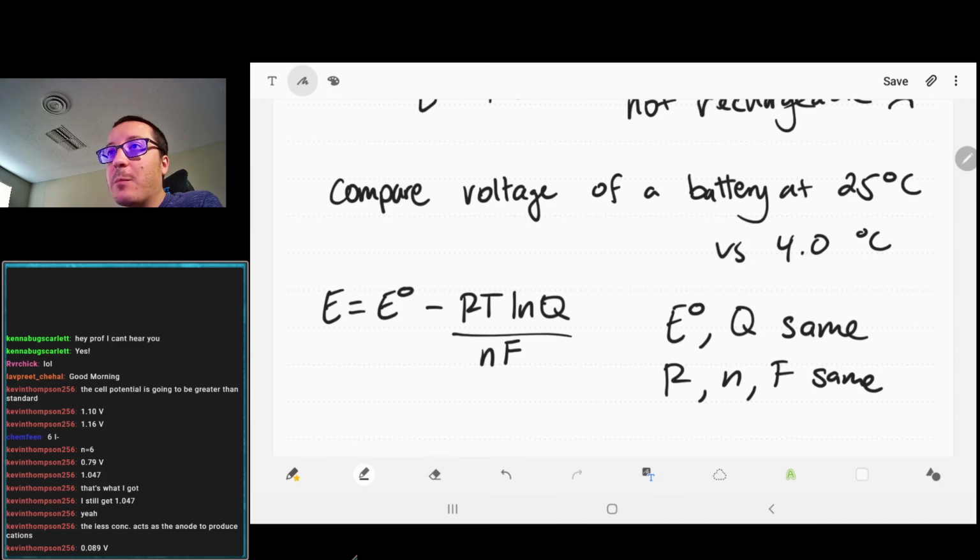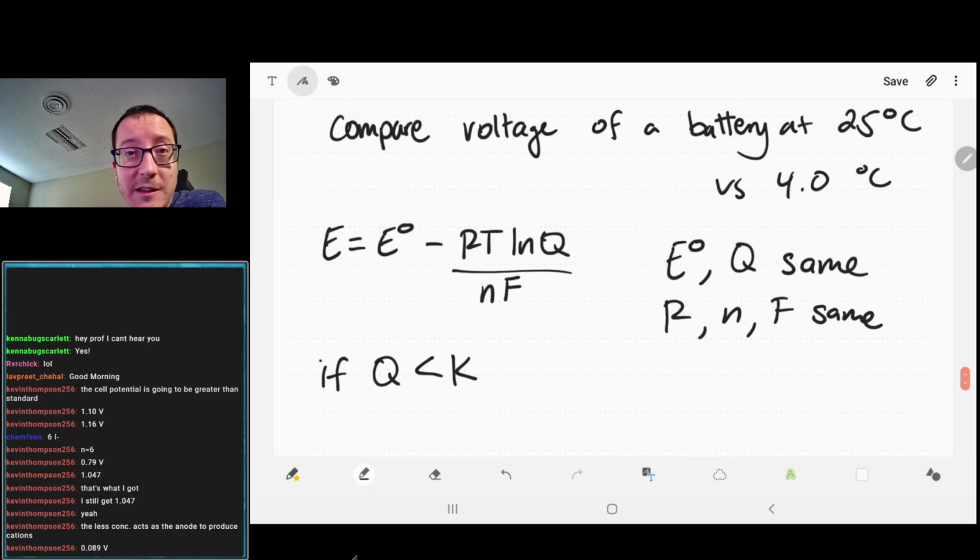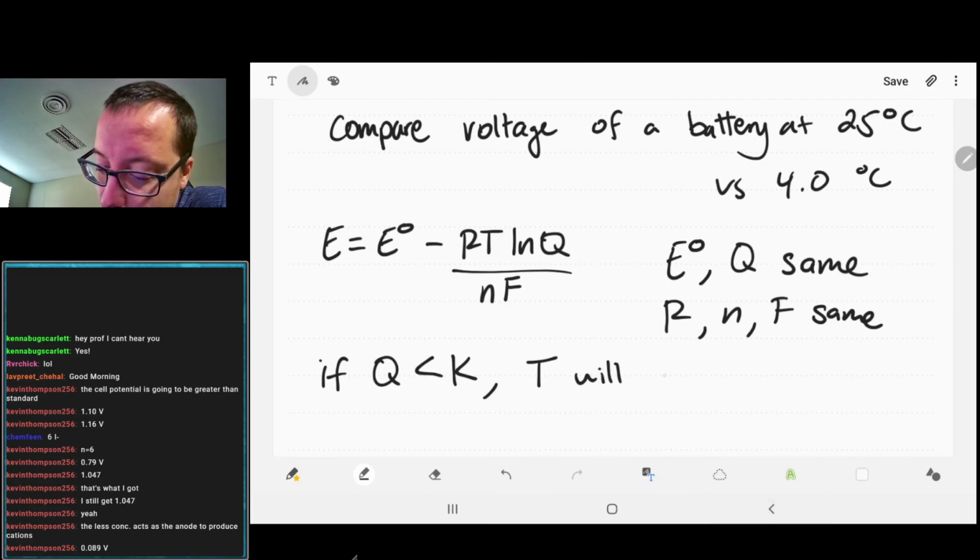What's going to happen with the temperature effects of this? Well, it depends on Q, right? Because if Q is going to be less than K, which it should be, we typically want extra reactants in this case, then what's going to happen with the temperature?